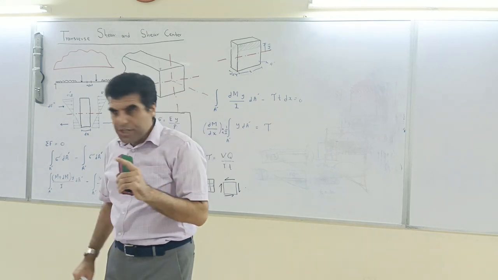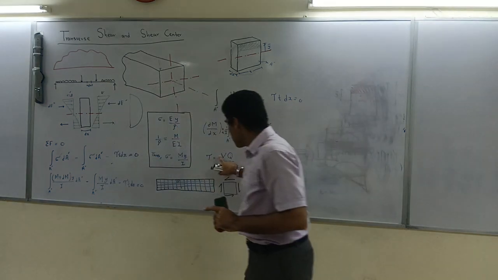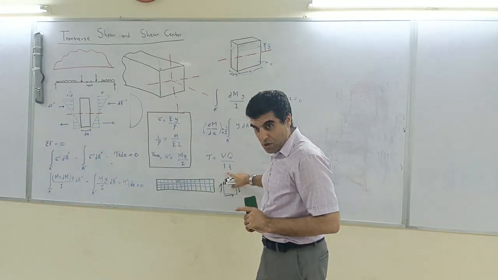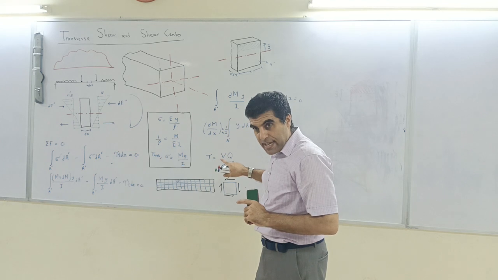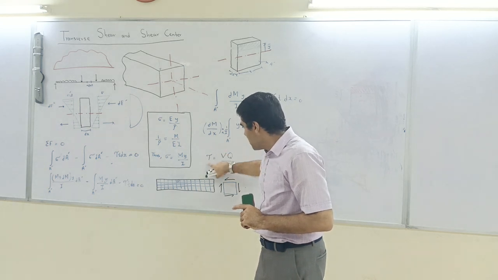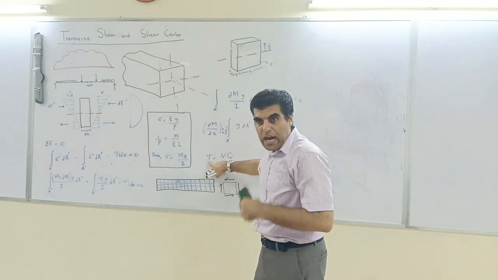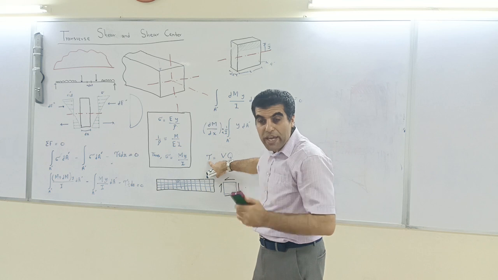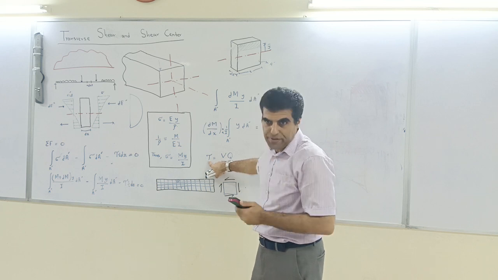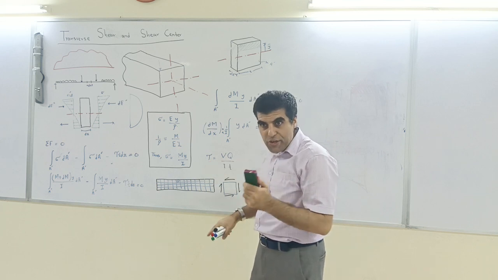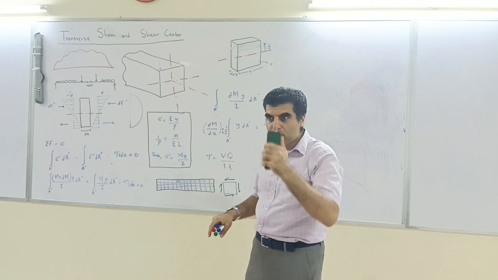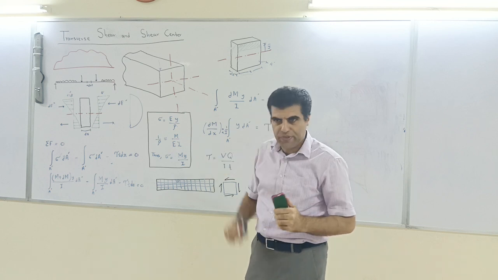In the case of shear, this equation tau is equal to VQ by It. Okay, it depends where you want to find out your shear. Whether you want to find out the maximum shear stress within the cross section.